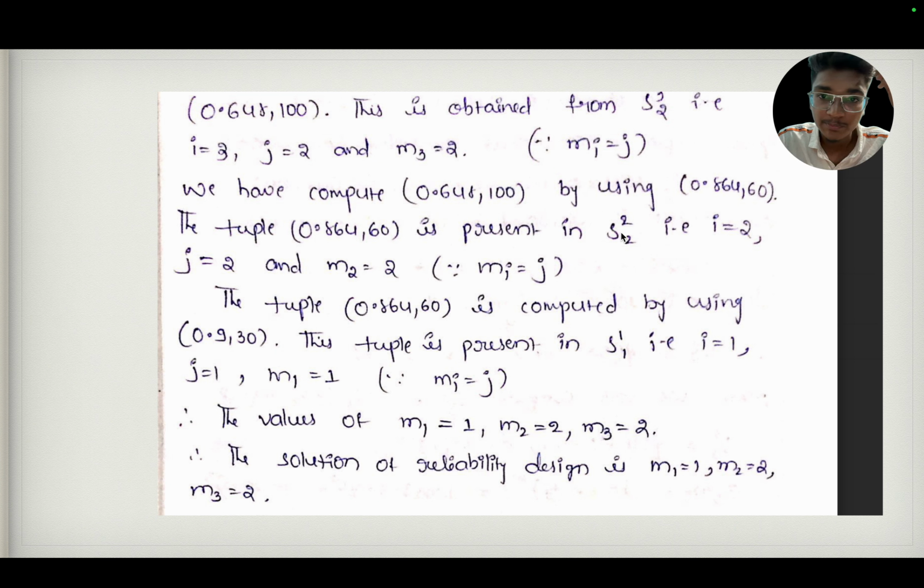The tuple is present in S2 of square, that is i equals 2, j equals 2, and m2 equals 2. The tuple is computed by using 0.9 comma 30, represented with m1 equal to 1. So the final values are m1 equal to 1, m2 equal to 2, m3 equal to 2. The solution of the reliability design is m1 equal to 1, m2 equal to 2, and m3 equal to 2.